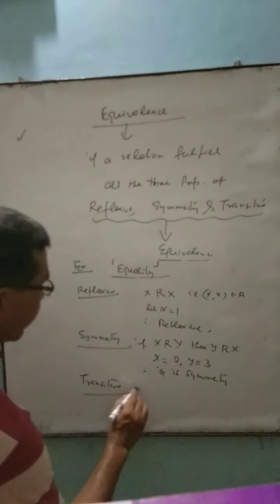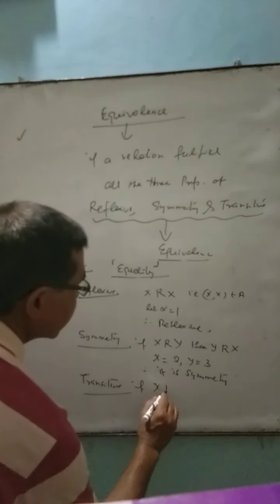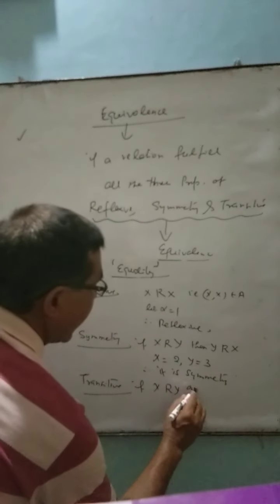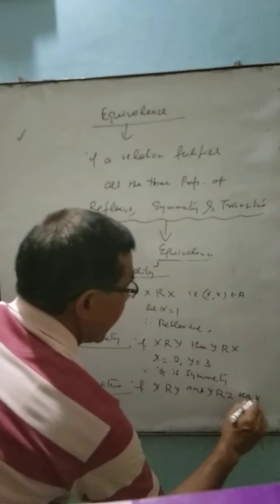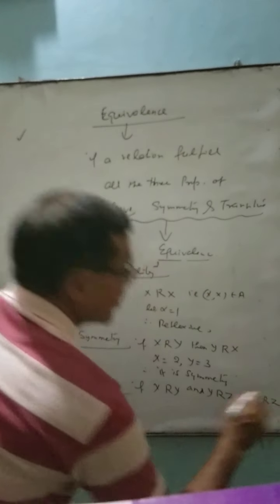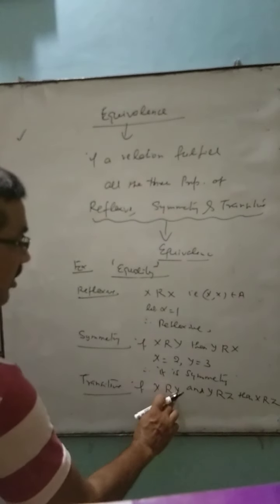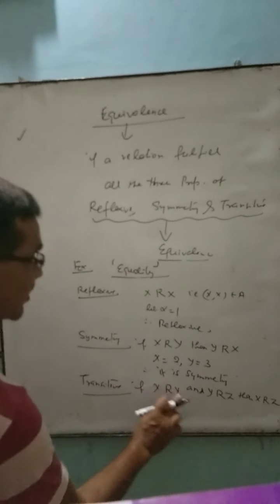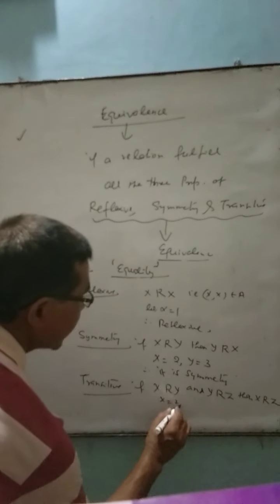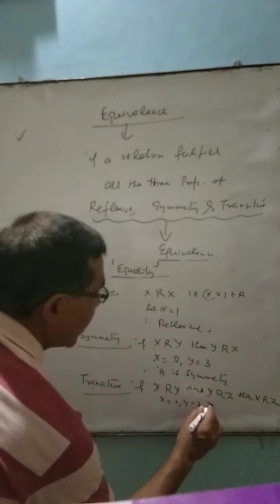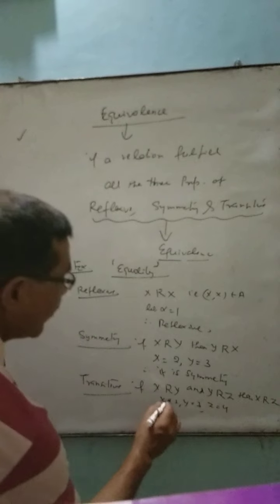What is transitive? If x has some relation with y and y has some relation with z, then x has the same relation with z. If x has some relation, meaning equal, if x is equal to y and y is equal to z, let x as 2, y as 3 and z as 4. So what will we put?